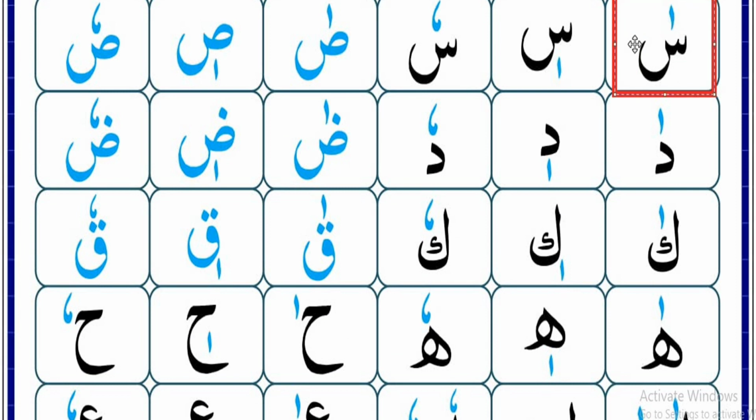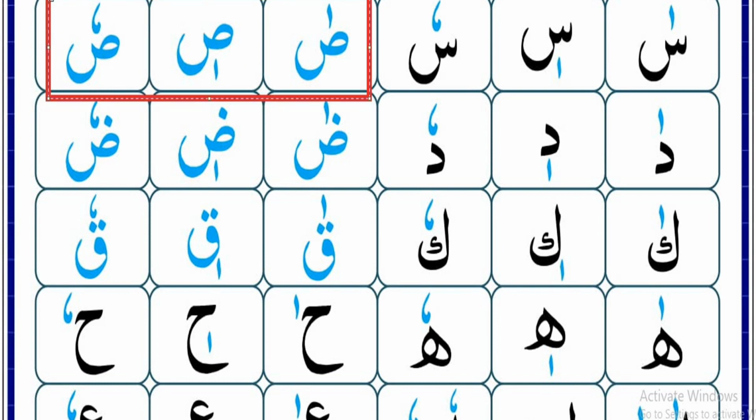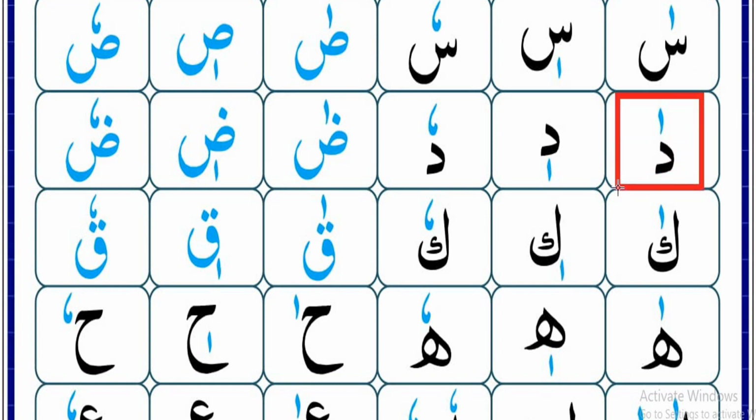Sin, standing fatha sa, sin, standing kasra si, sin, standing dhamma su, sa, si, su. Swat, standing fatha swa, standing kasra swi, standing dhamma swu, swa, swi, swu. Dal, standing fatha da, standing kasra di, standing dhamma du, da, di, du.